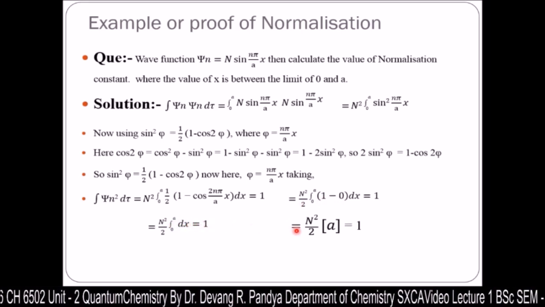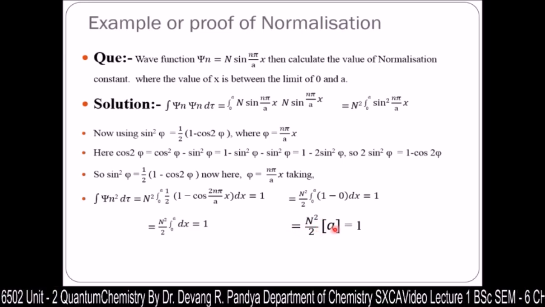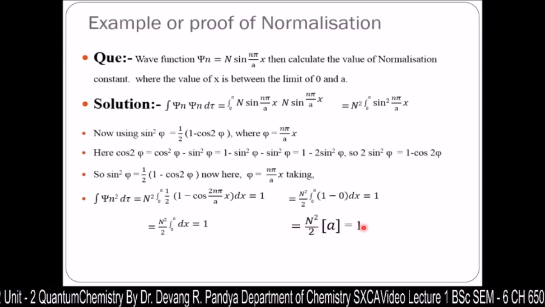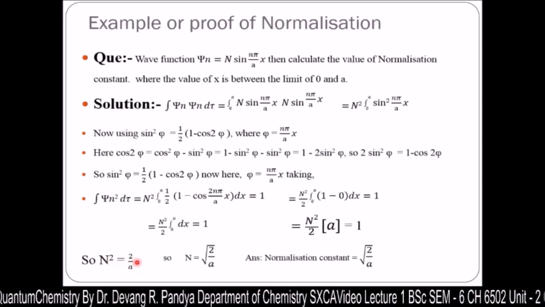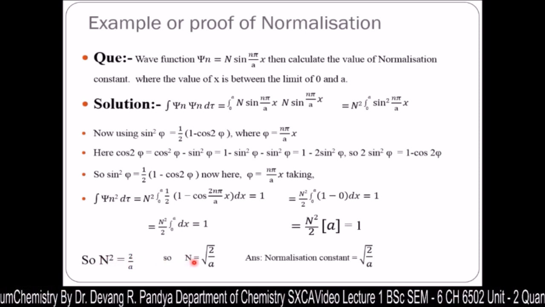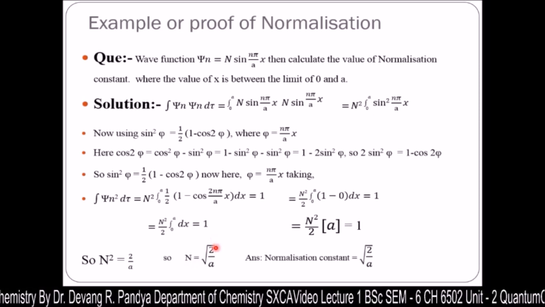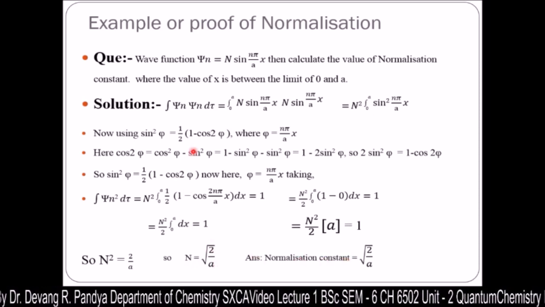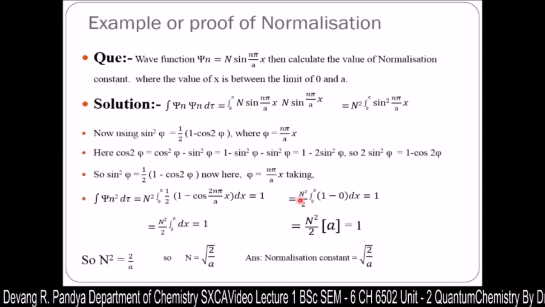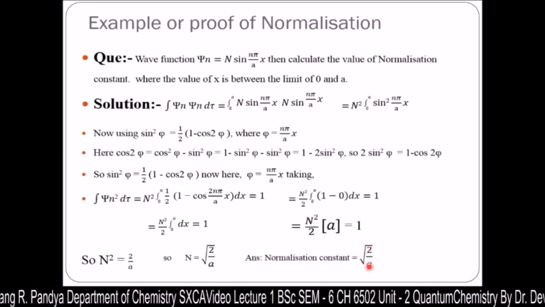So that value is n square by 2 a is equal to 1. So n square is equal to 2 by a, and therefore n is equal to under root 2 by a. So our answer, the normalization constant for this equation, n is equal to under root 2 by a.